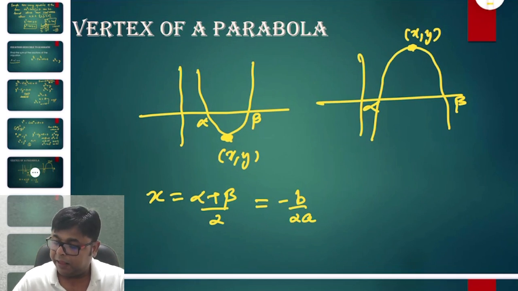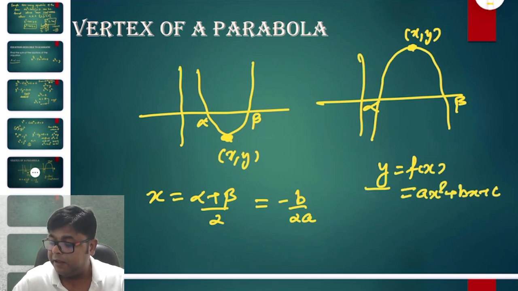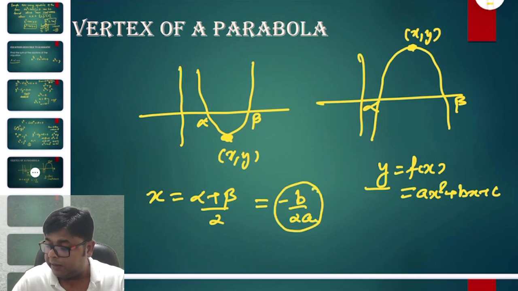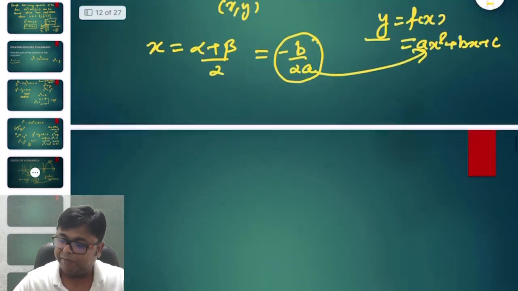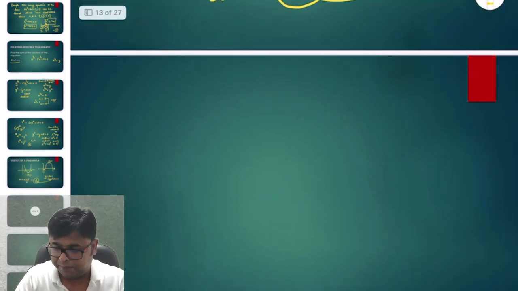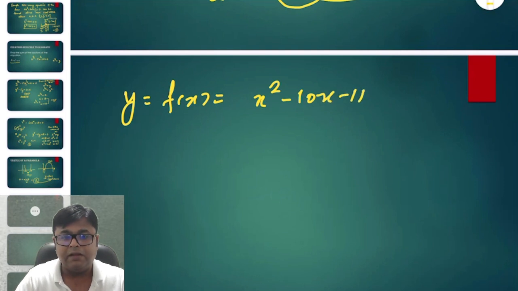Right? And if I have the function y equal to f of x equal to ax squared plus bx plus c, the y coordinate I can find by putting this value in this function very easily. So this is what I need to remember. Suppose I have to find the vertex of the parabola y equal to f of x equal to x squared minus 10x minus 11.